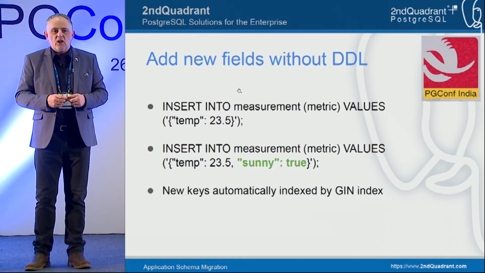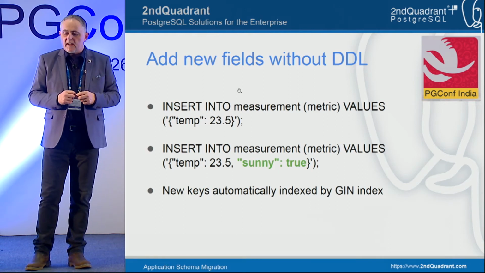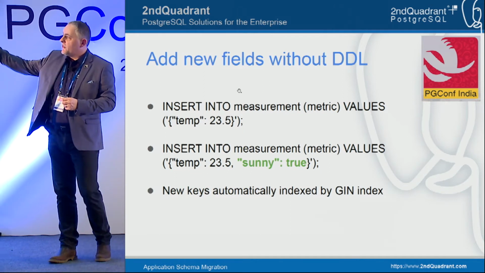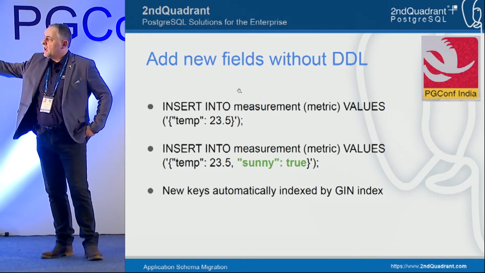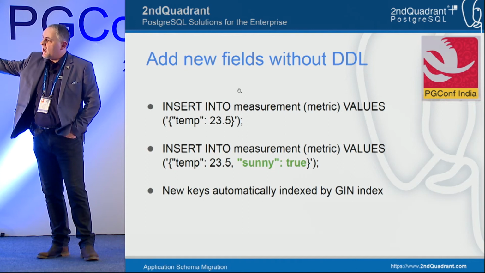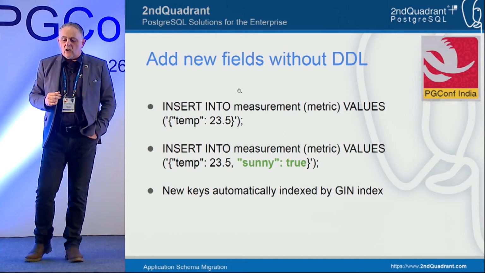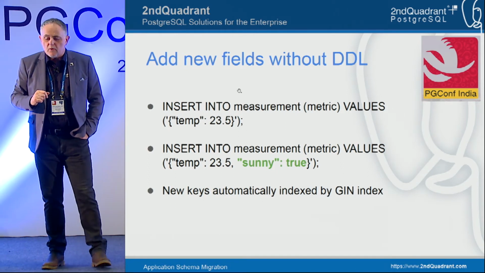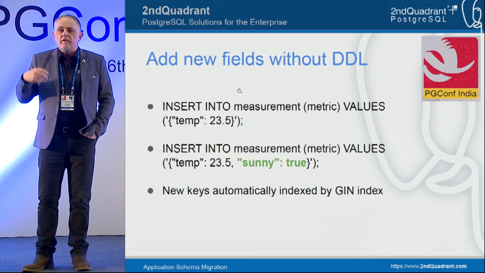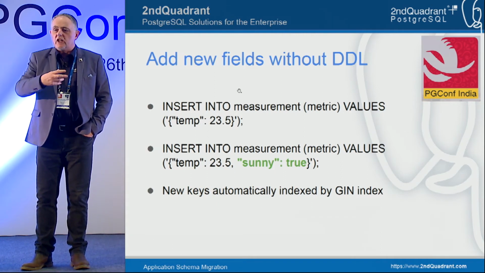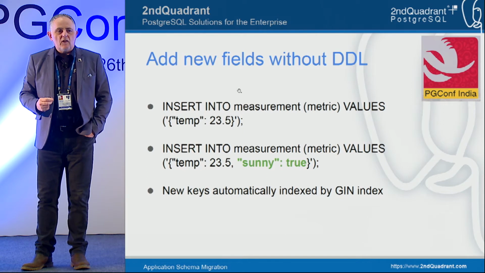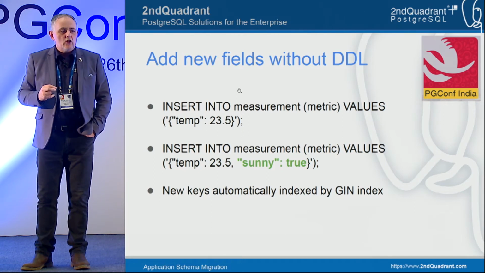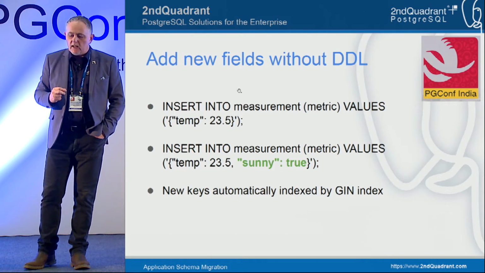And that's why it's called schemaless. So if we insert data into the measurement table, you see here I'm inserting a key of temp with a value of 23.5, and then on the very next insert, I can actually invent a new field and use that immediately within SQL.